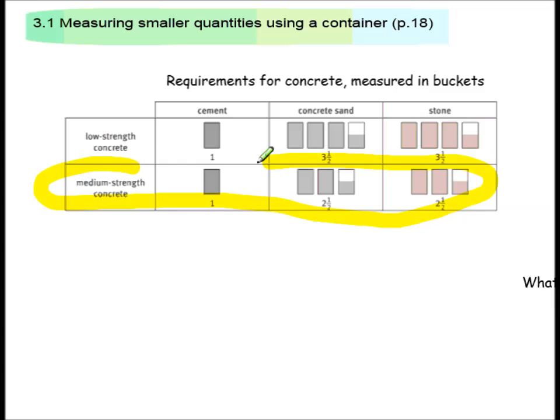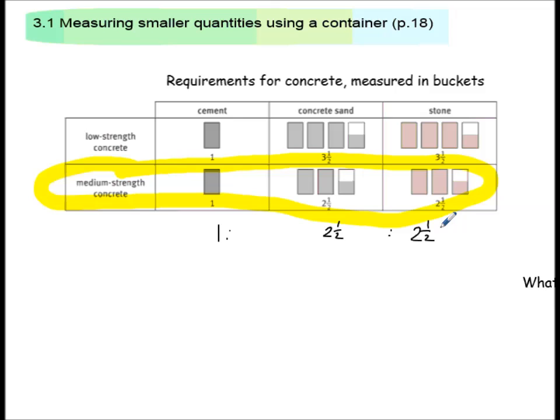So all I'm doing is I'm looking at this bottom part of the table. So we always start off with what we're given. We are given 1 cement to 2.5 sand to 2.5 stone.